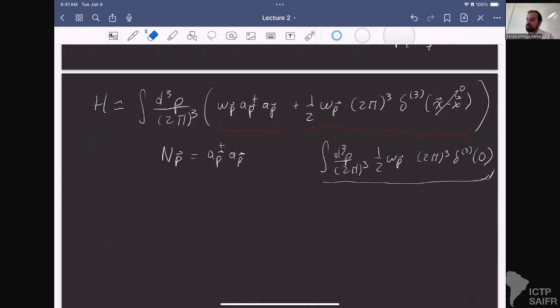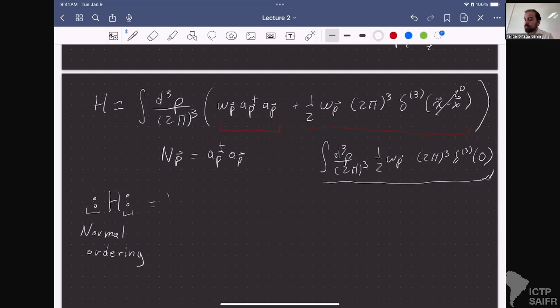The technical way to remove this infinity is to define an operator called the normal ordering of the operator, where I'm using these dots to define that you place all the annihilation operators.